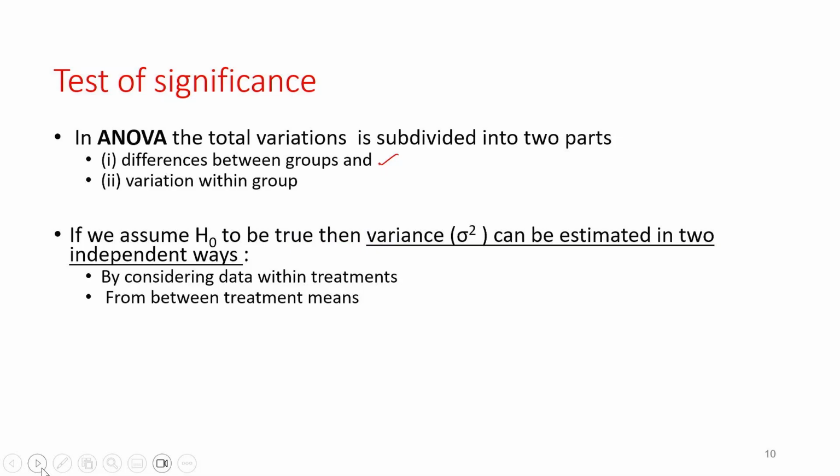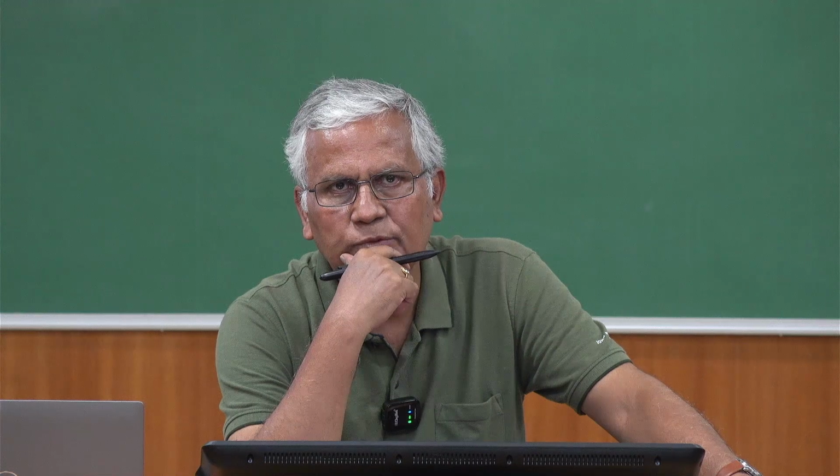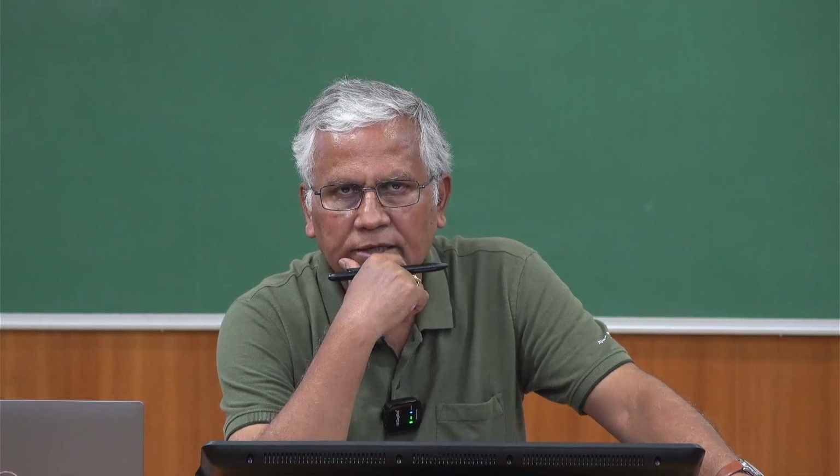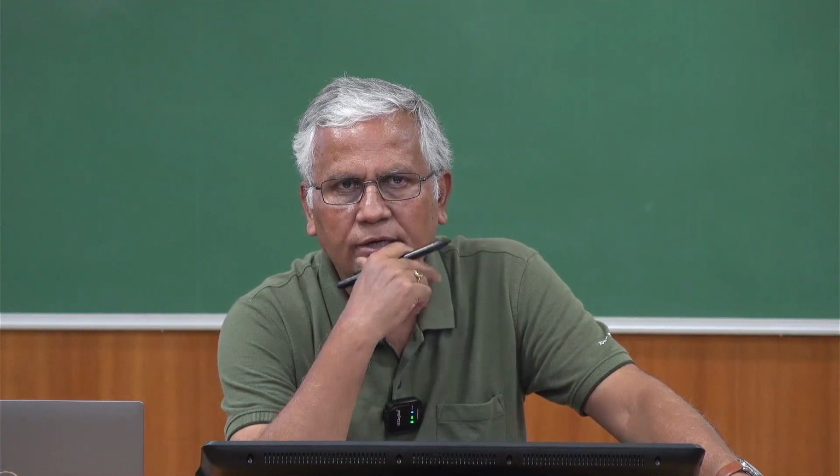If we assume that the null hypothesis is true, then the variance can be estimated in two independent ways. Two independent ways we can find out the variance.